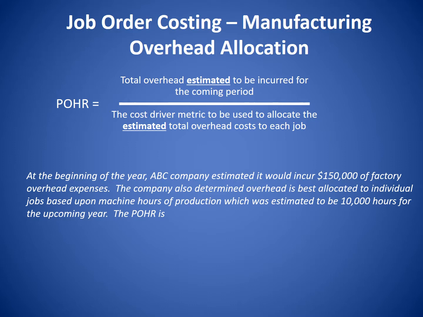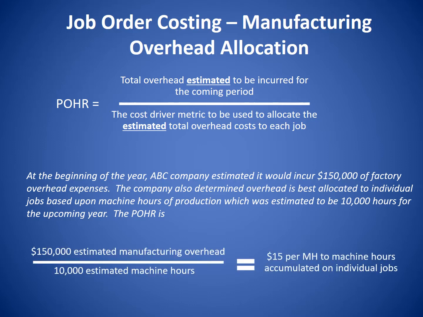So under those conditions, we have to calculate the predetermined overhead rate. And the predetermined overhead rate is $150,000 of estimated manufacturing overhead divided by the 10,000 estimated machine hours. And again, I emphasize for both the numerator and the denominator, these are both estimates, they're not actual.